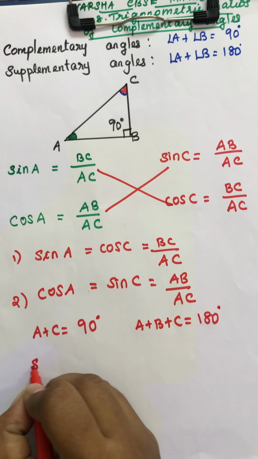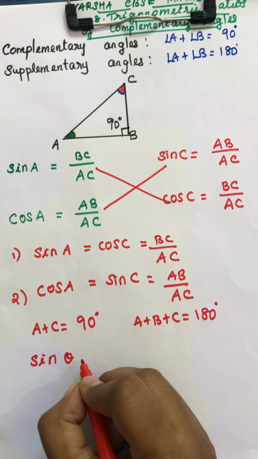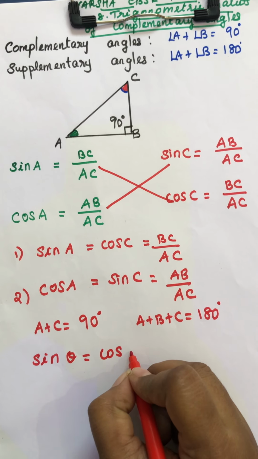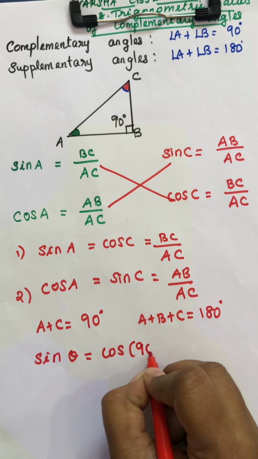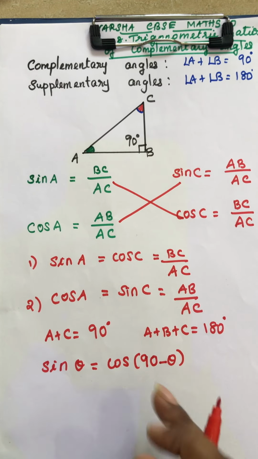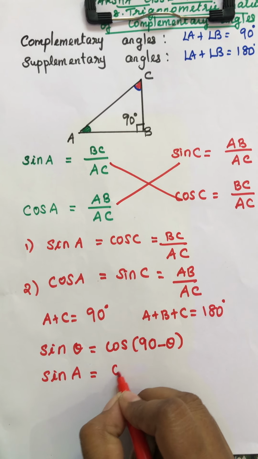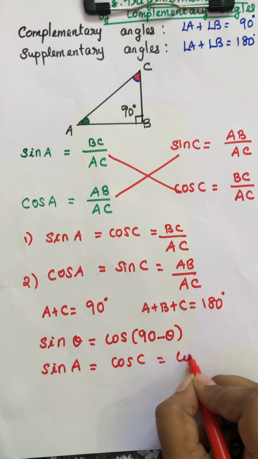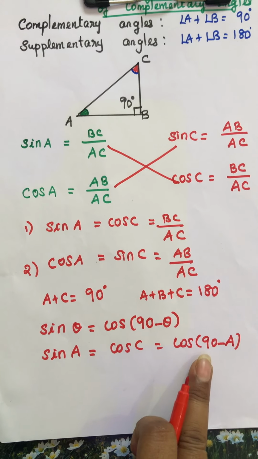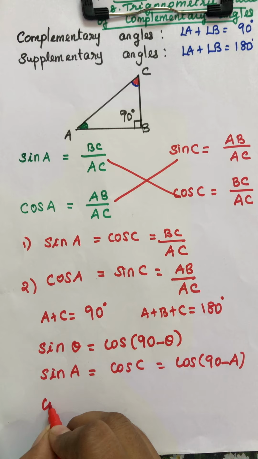If you take sin theta, for A I am giving theta. This is equal to cos C, and C can be written as 90 minus theta. Again, sin A equals cos C, so C can be written as 90 minus A. Do you understand? What is the next one, students?